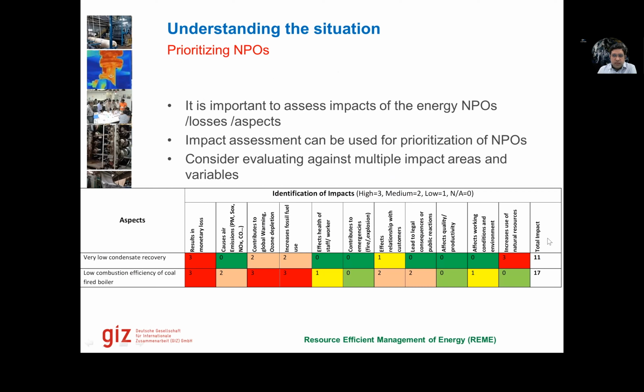And then based on this, we can do a total of impact, and then we can see which of the losses are scoring high on this qualitative score. These are the ones which we need to address first, and the others we can address at a later stage.